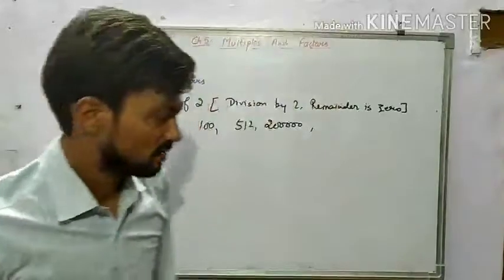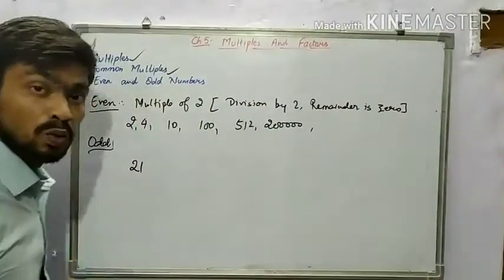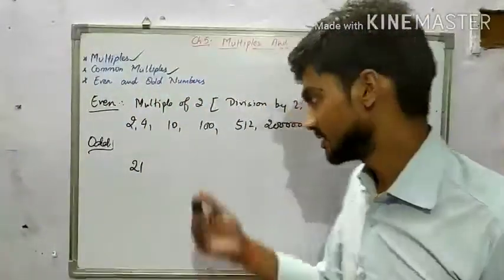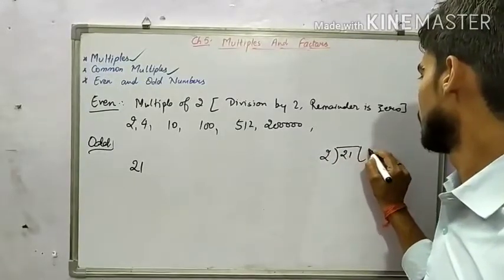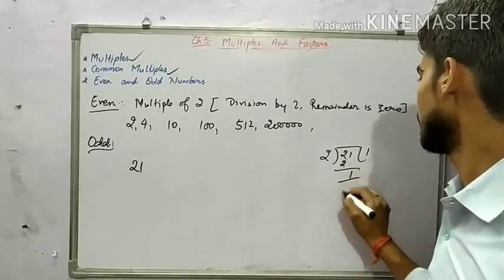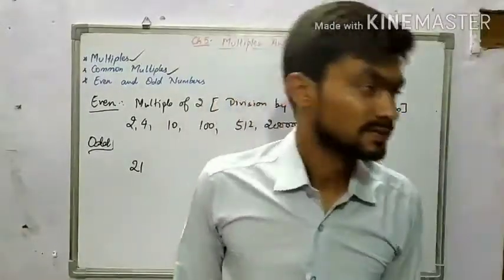For example, if we consider 21, just divide by 2, what do you get? Let us see. 2 is dividing 21. 2 ones are 2. What is the remainder? 1, since 1 is there.